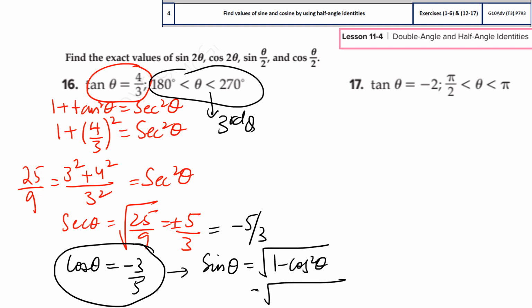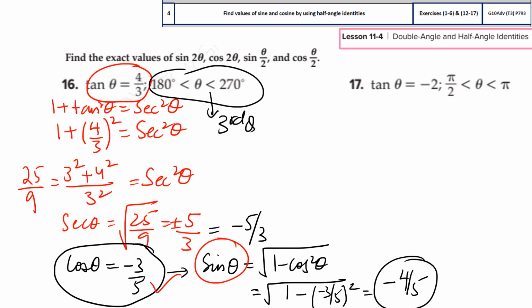So from here we can get sine theta, square root of 1 minus cos square. Plug in the values. So 1 minus 3 by 5 square. Simplify and your sine theta comes out to be minus 4 by 5 because sine is negative in the third quadrant. So now we have sine, we have cos, we can get sine 2 theta. Plug in the values.